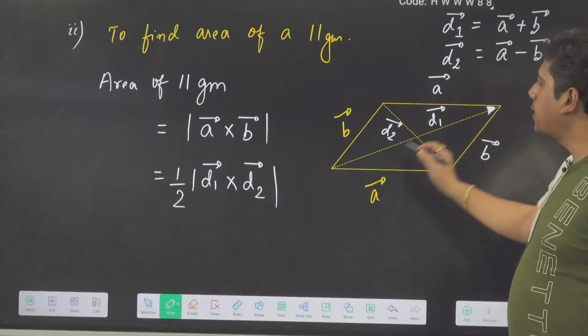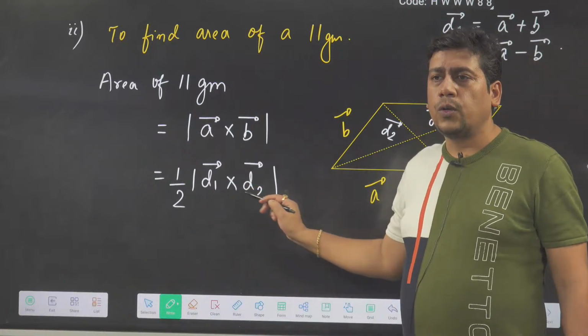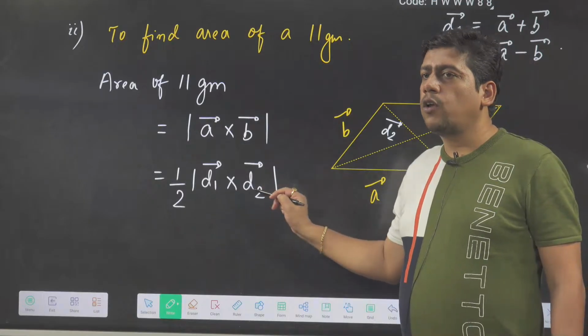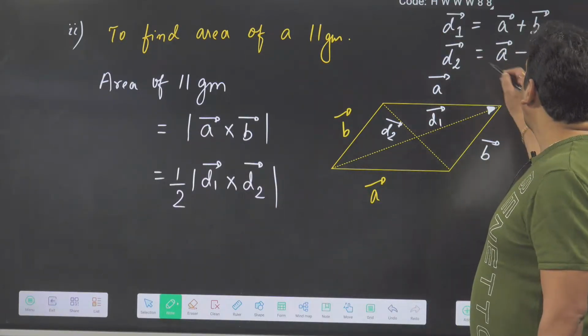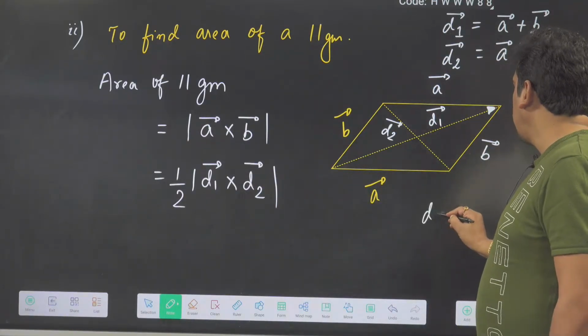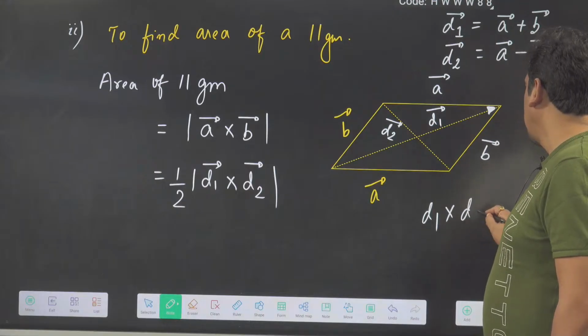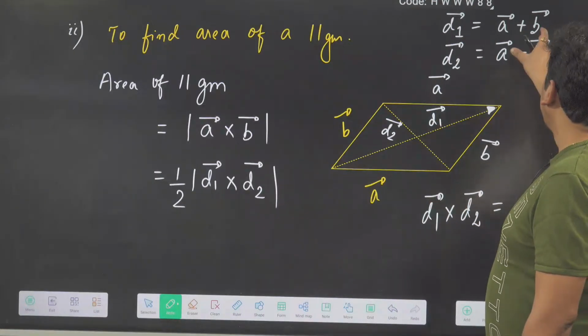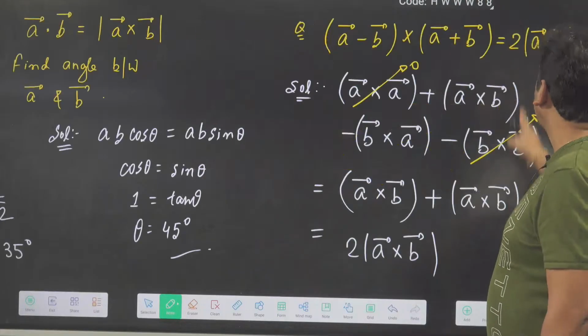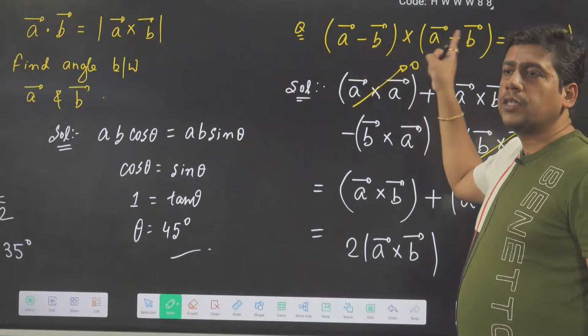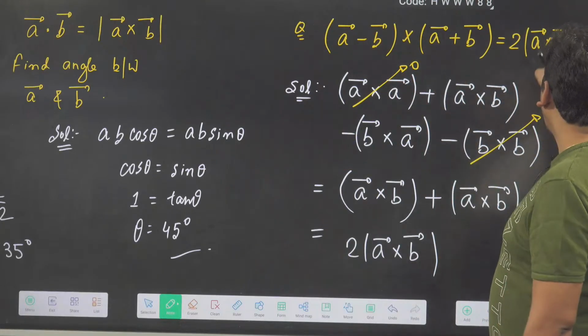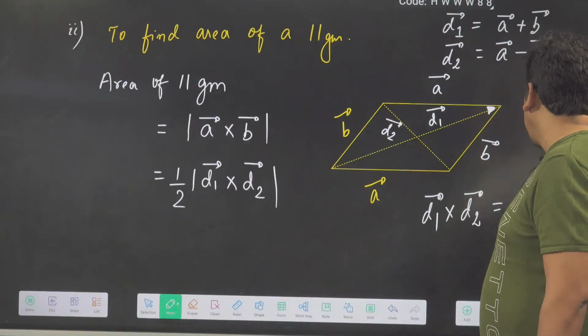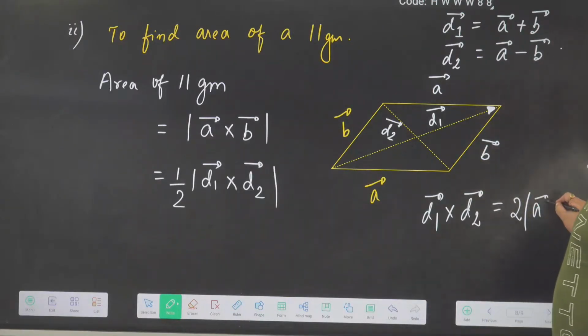If you take the cross product of D1 and D2, so basically it is the same question. A cross product of A minus B and A plus B. How much we are getting? 2 times A cross B.